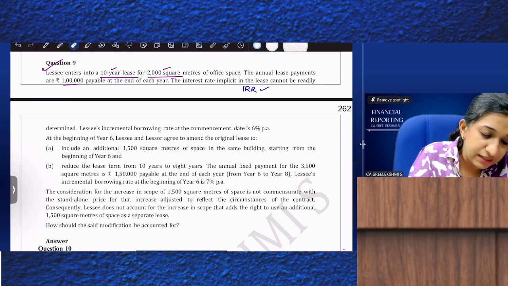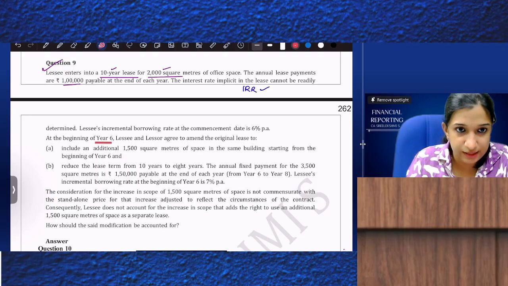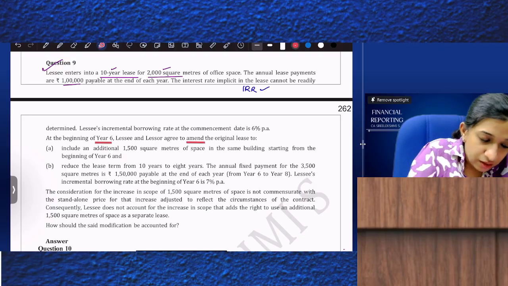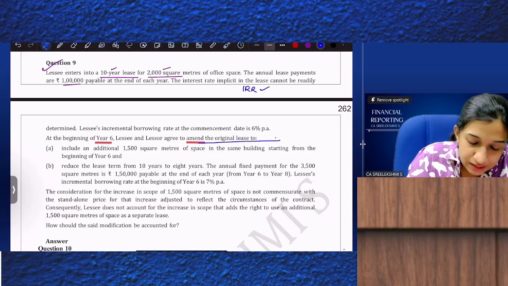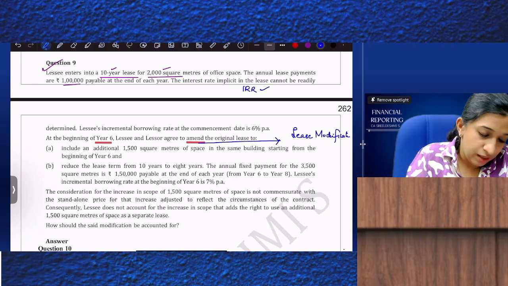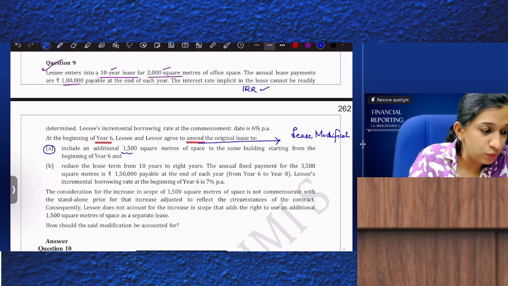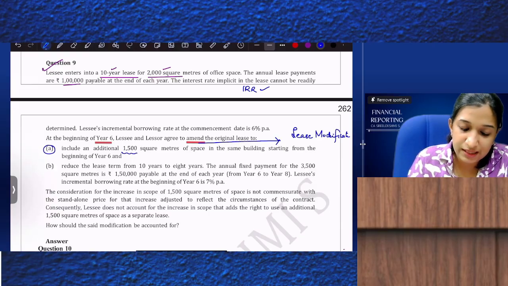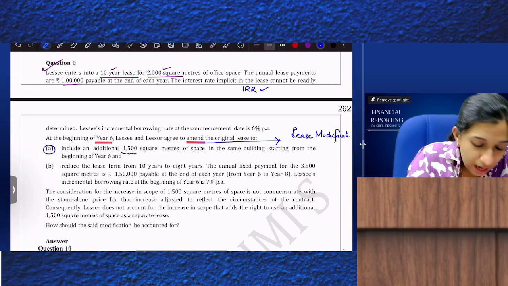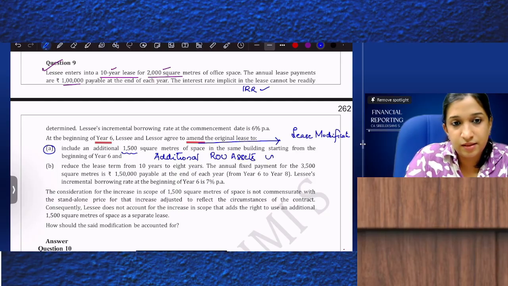At the beginning of year 6, lessee and lessor agree to amend the original lease. When you see an amendment, we call it a lease modification. As per the amendment, we include an additional 1500 square meters of space in the same building, which means additional ROU assets.